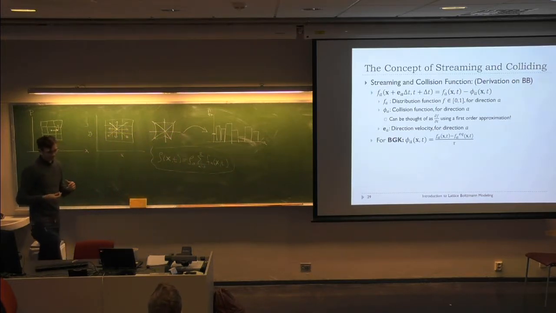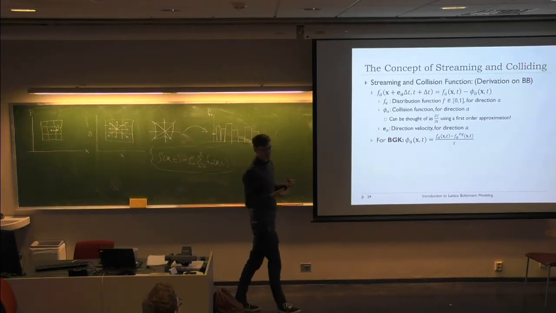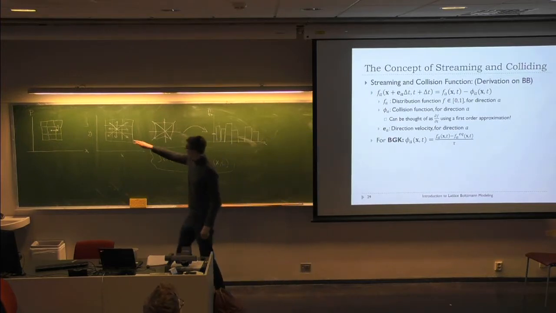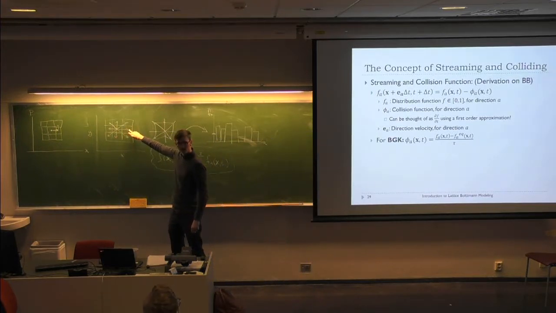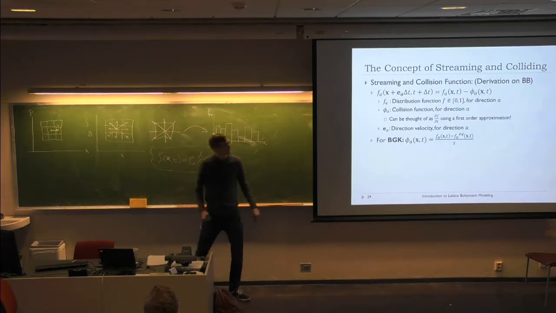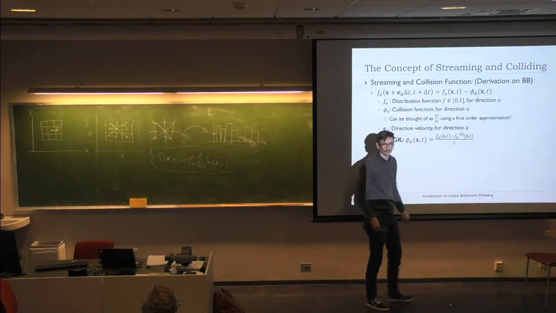And now we're going to get to the idea of streaming and collisions. So, when a particle moves from here to here, we say that the distribution in this direction is going to be taken from here and simply put here. That's this part. Okay?